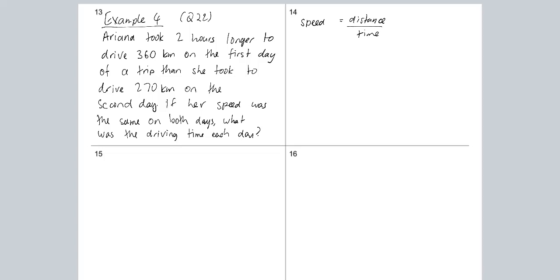Ariana took 2 hours longer to drive 360 kilometres on the first day of a trip. Okay, so let's use a different variable just for the sake of it, because it's pretty common, this kind of one. Let t be the time taken on day 1.